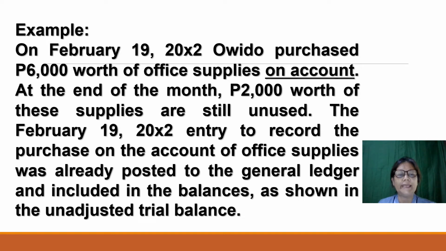The February 19, 20x2 entry to record the purchase on account of office supplies was already posted to the general ledger and included in the balances as shown in the unadjusted trial balance.